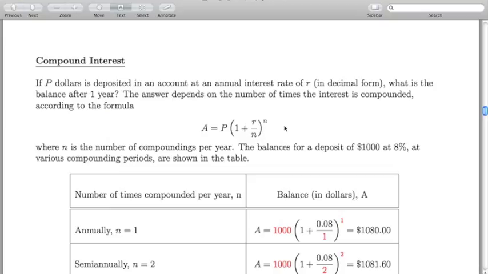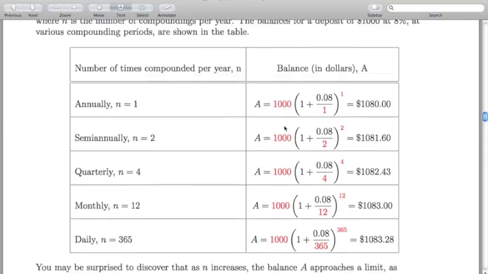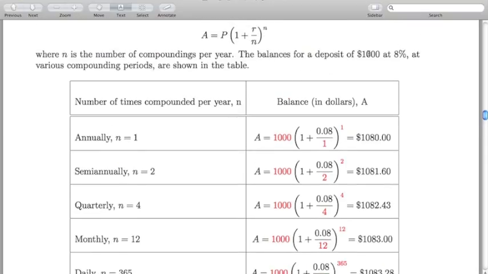Okay. So for example, we have this case. It says the balance for a deposit of $1,000 at 8% at various compounding periods are shown in the table below. On the left side, we have the number of compoundings per year, and on the right, we have our balance after the compound.